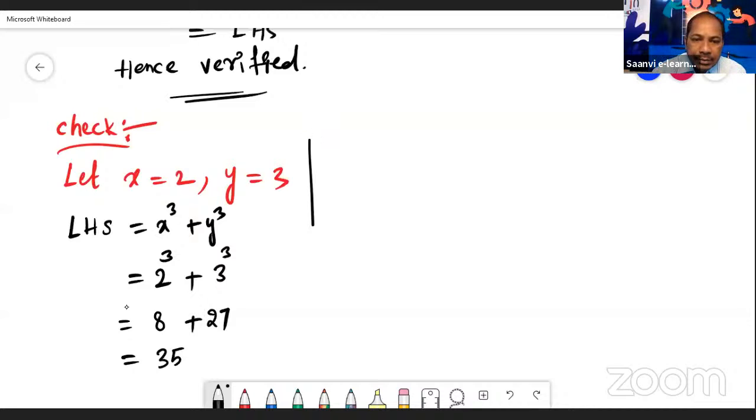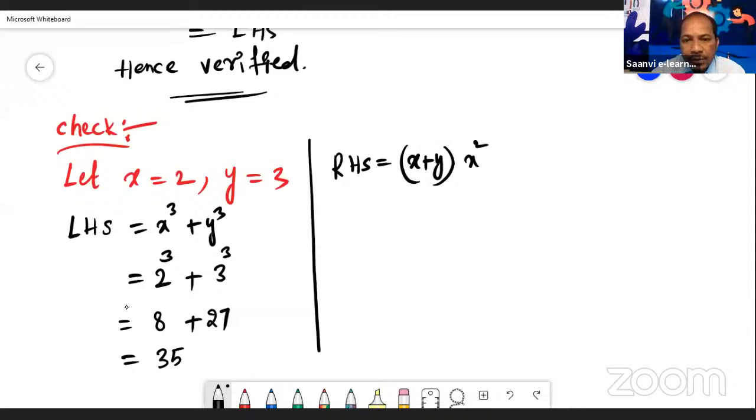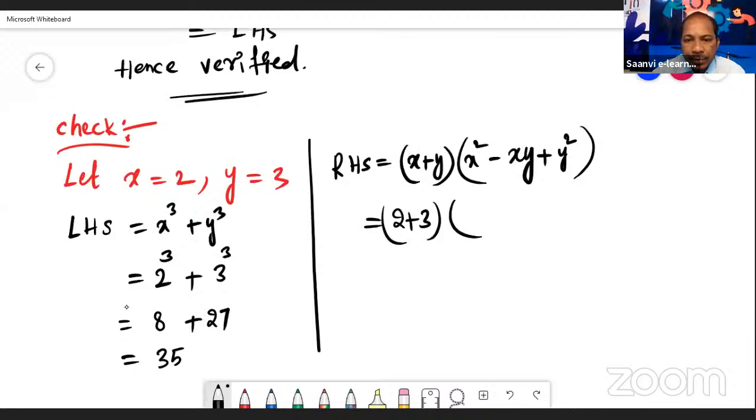Next, take RHS. What is given here? (x plus y) into (x square minus xy plus y square). Now substitute the values in this. x plus y, x value 2, y value 3, means 2 plus 3, into x square means 2 square, minus xy means 2 into 3, plus y square means 3 square.